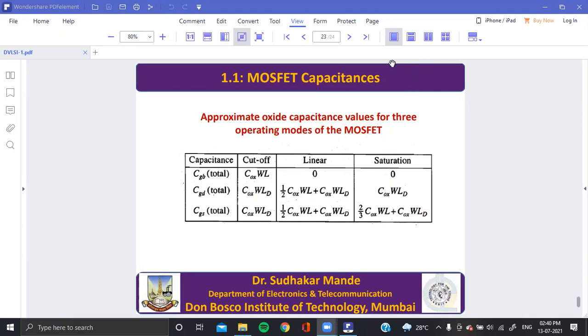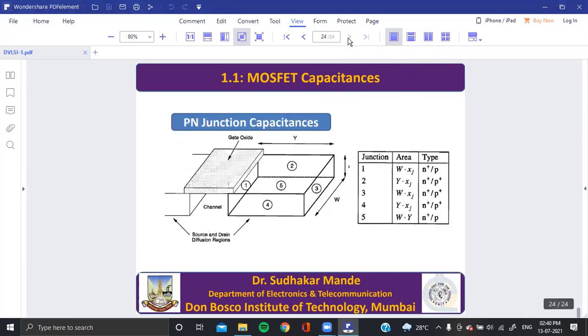Now there are junction capacitances. These are oxide related capacitances, whatever you have seen. Now I will show you here. How many junctions are there in total?